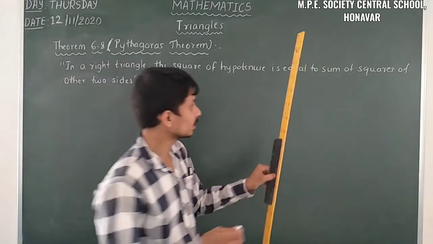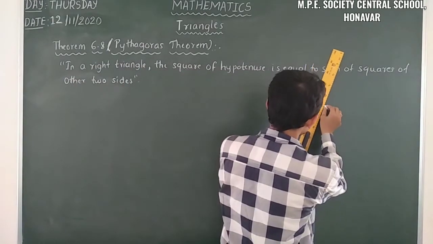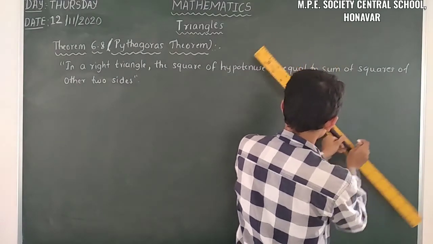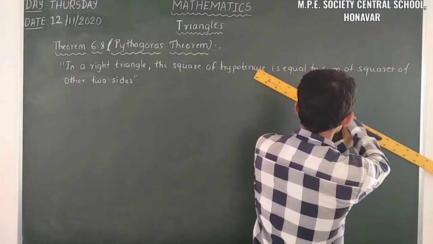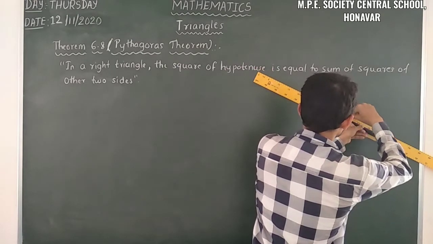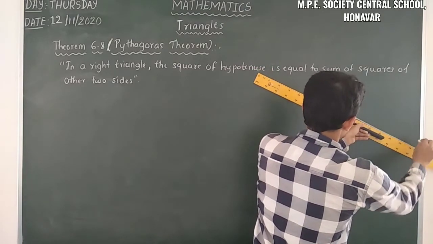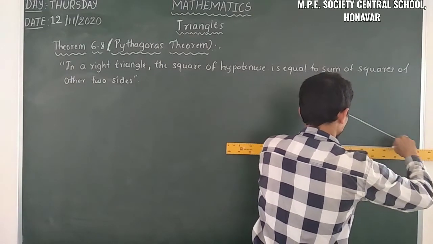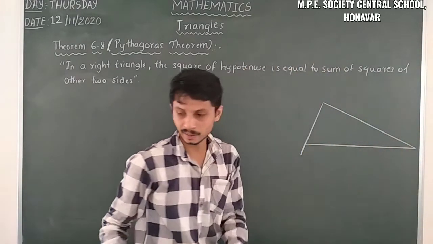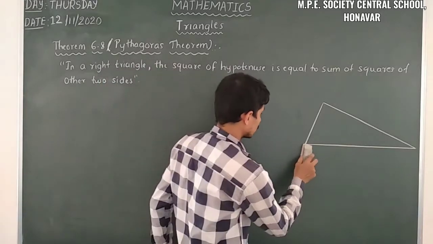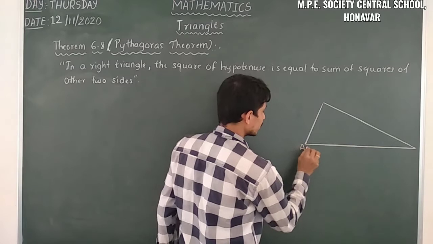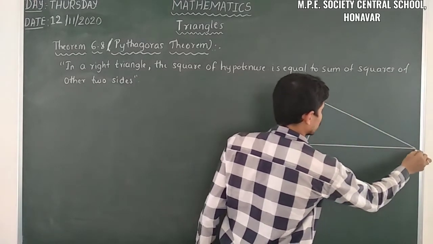So let us take the right angle triangle here. I will take this as ABC.